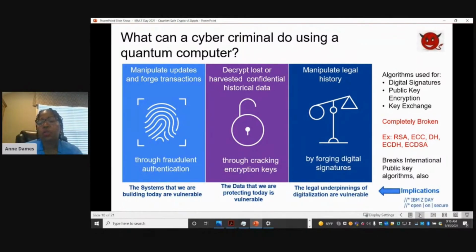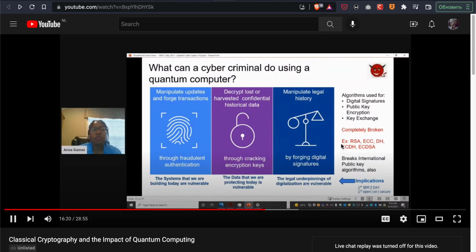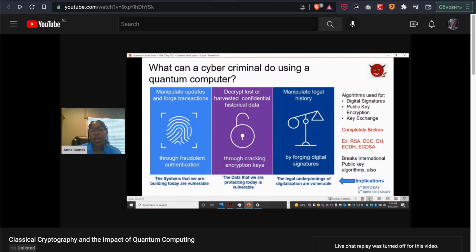All of those algorithms will be completely broken. And this will affect international public key algorithms as well. So this is one of the things that we really have to be taking a look at. We have to look at what kind of attacks can be mounted and how they will affect us. These are things that we need to be concerned about, and some ways that a cyber criminal will do bad things to our classical cryptographic algorithms.